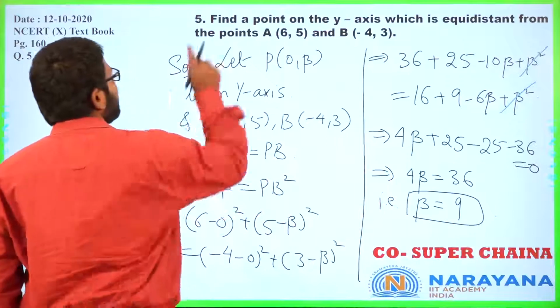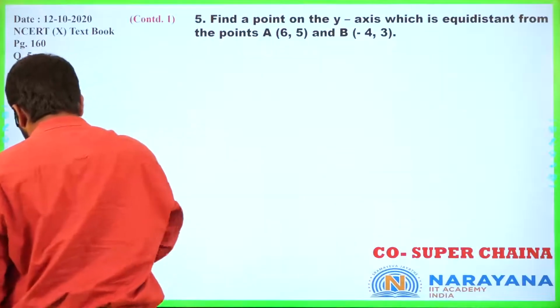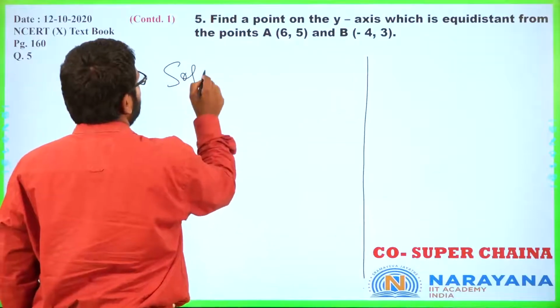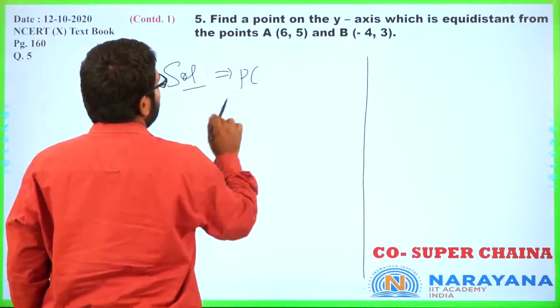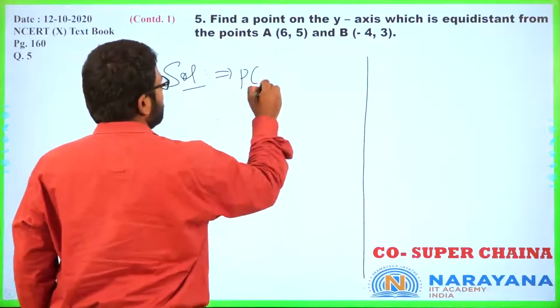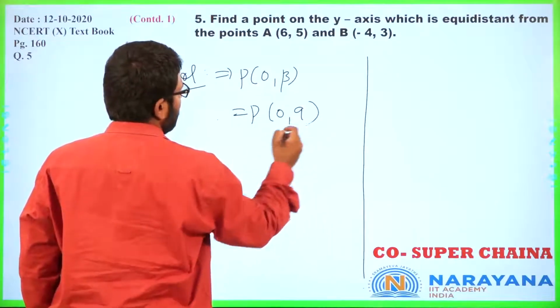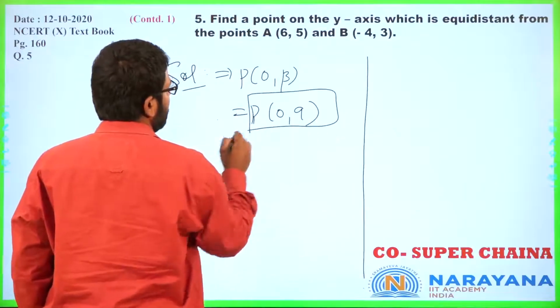Right? Beta is 9, therefore find a point on y-axis. What is that point? Which means P 0 comma beta is P 0 comma 9 is the required point.